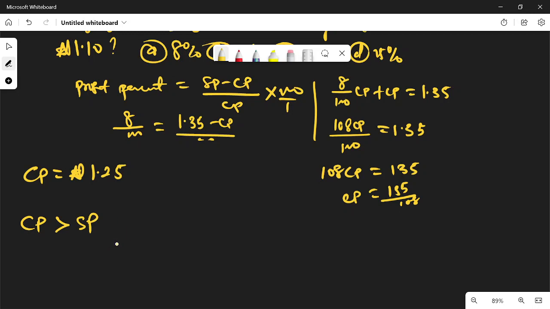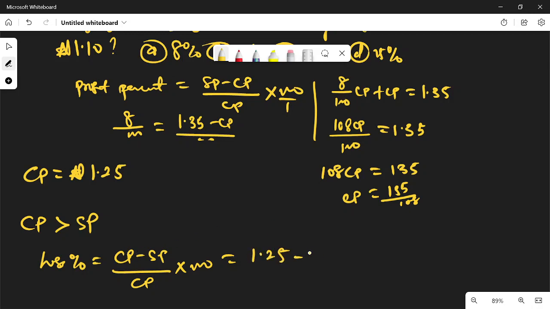So we also have that loss percent is going to be the cost price minus the selling price over cost price times 100, and this will give us our cost price 1.25 minus our selling price 1.10, divided by 1.25, multiplied by 100, and this will give us 12%, if I'm not mistaken.